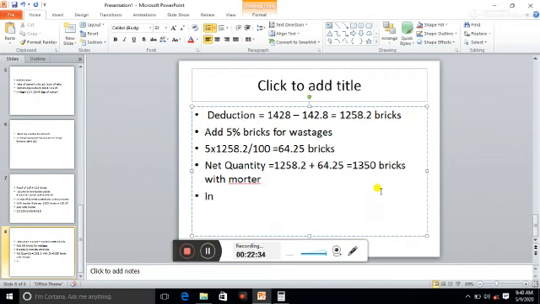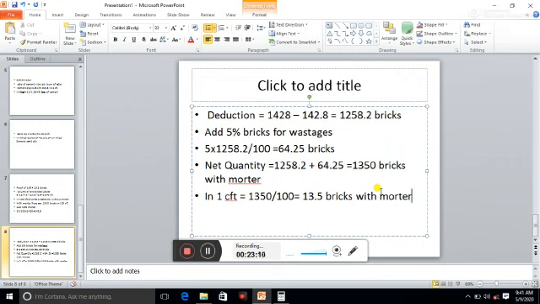So in 1 cubic feet it will become 1350 divided by 100, which gives 13.5 bricks with mortar. So this was the proof of 1 cubic feet equal to 13.5 bricks.